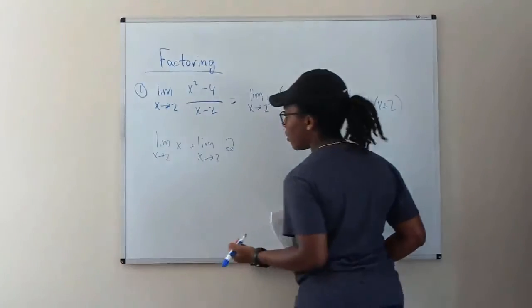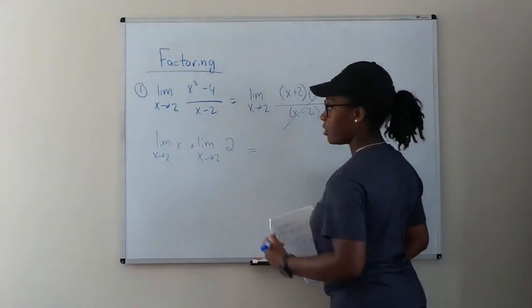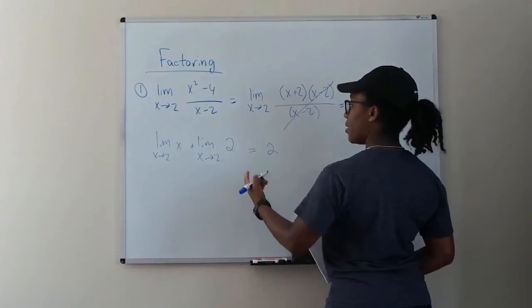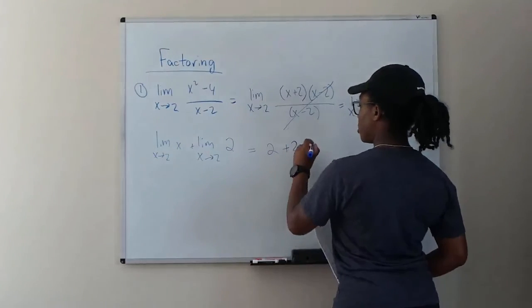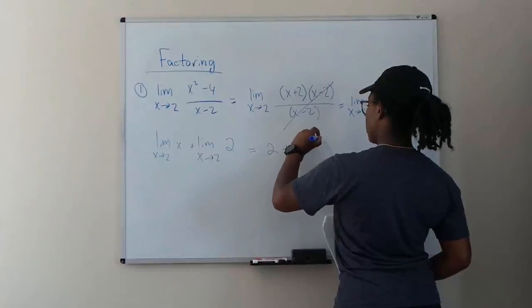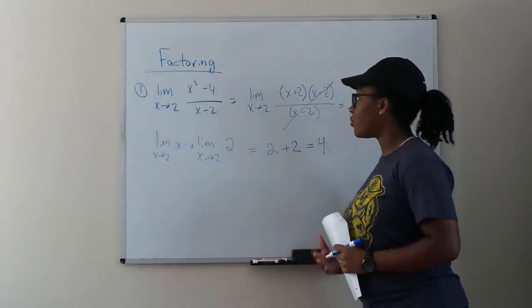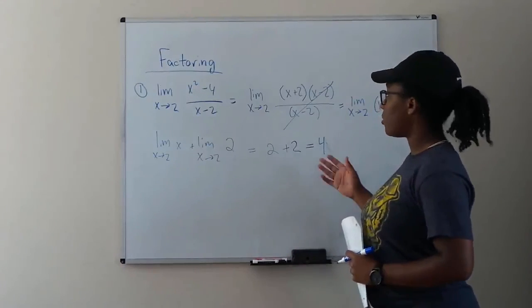And these are both actually examples of our constant laws. So the limit as x approaches 2 of x will just be 2. And then since 2 is always a constant, that will also be 2. So the answer to this limit, the limit as x approaches 2 of x squared minus 4 all over x minus 2, is actually going to be 4.